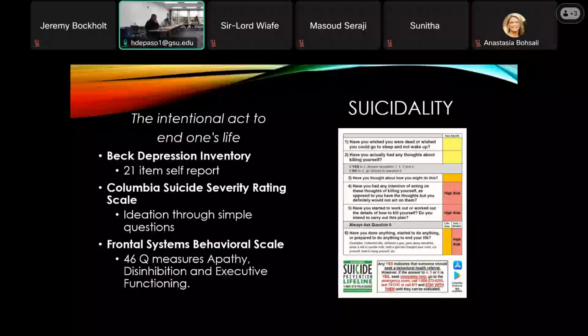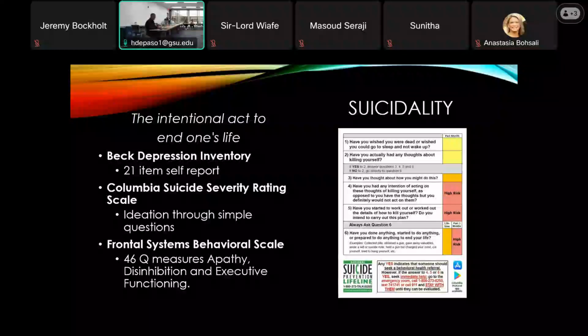Other scales that were used but were not typically included because they're not ubiquitous was the Columbia Suicide Severity Scale, which is ideation with simple questions, which supposedly is to be used and understood by everybody. I question that though.